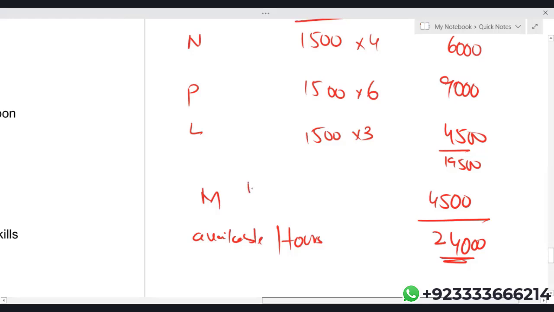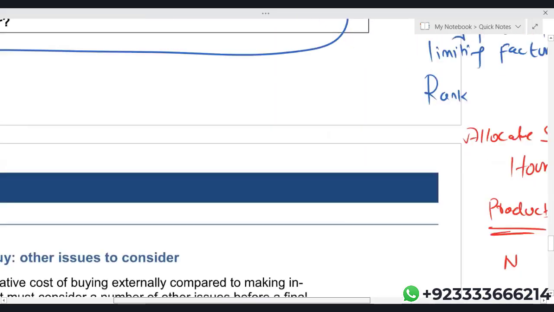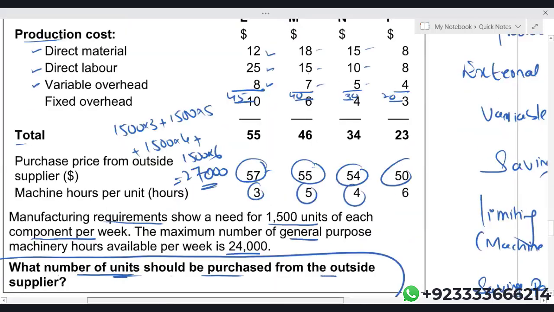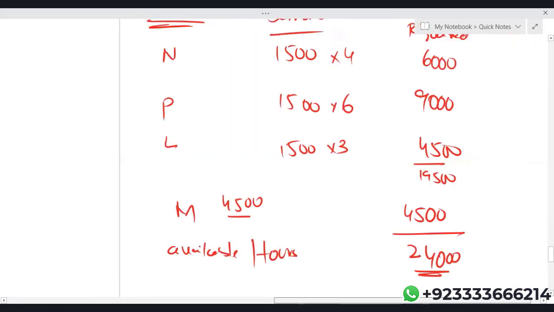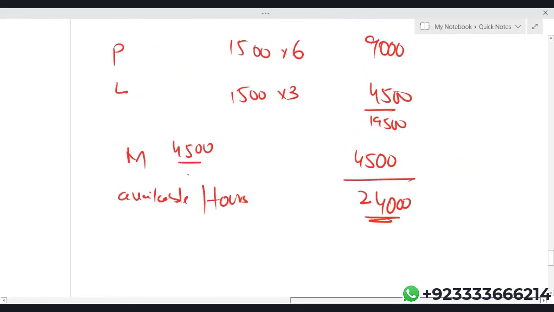Simply 4,500 divided by how many machine hours 1 unit of M needs. It needs 5. Let me use the calculator. 4,500 divided by 5, so only 900 units of M can be manufactured.